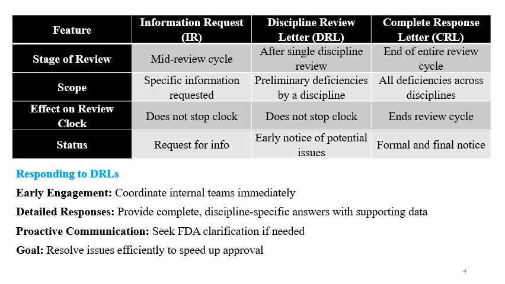The scope of IR is specific information requested. For DRL, it is preliminary deficiencies by the discipline, and for CRL, it is all deficiencies across the disciplines. Then IR does not stop the clock, DRL does not stop the clock, and CRL means the review cycle has ended.